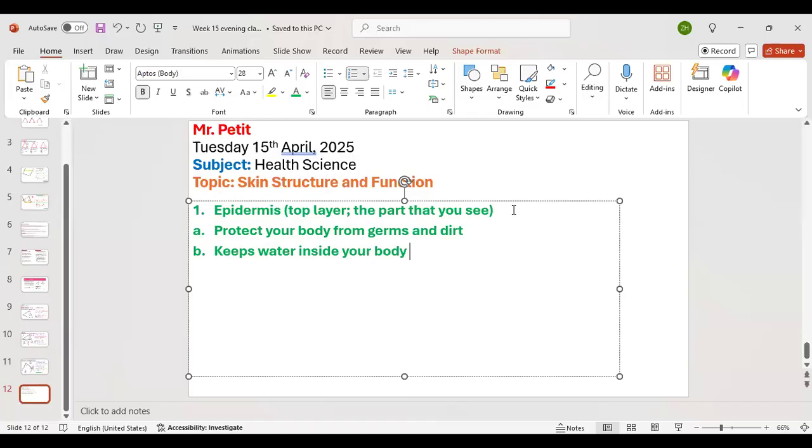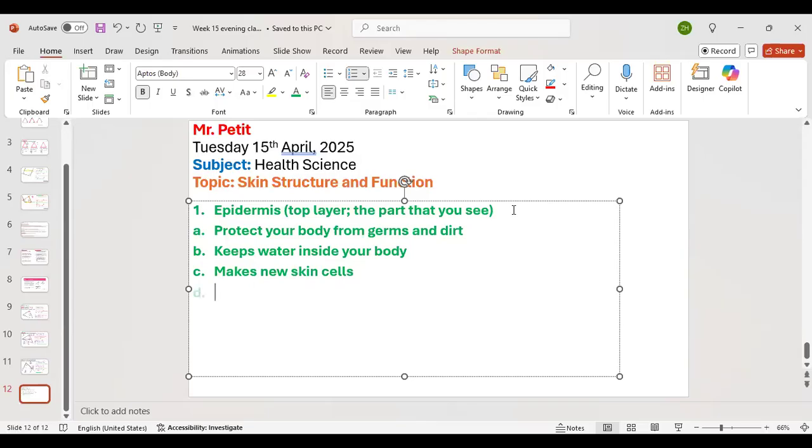The epidermis. Very good. And do you realize that you are always making new skin cells? So it makes new skin cells.